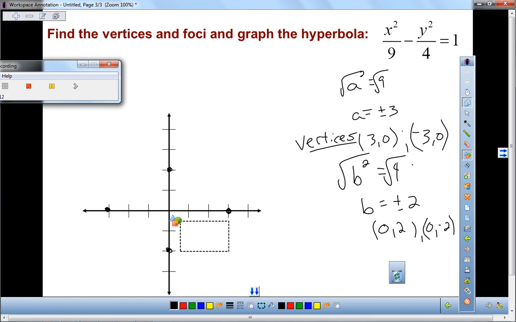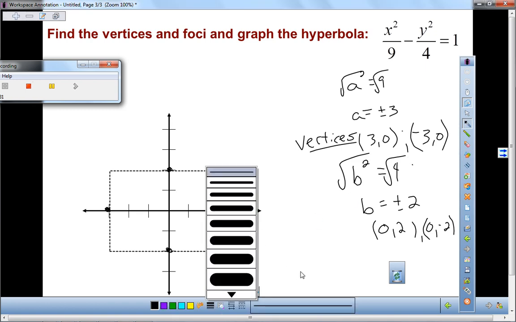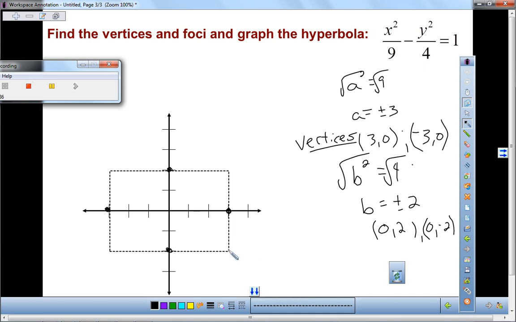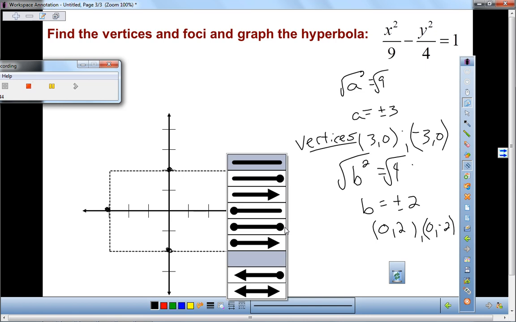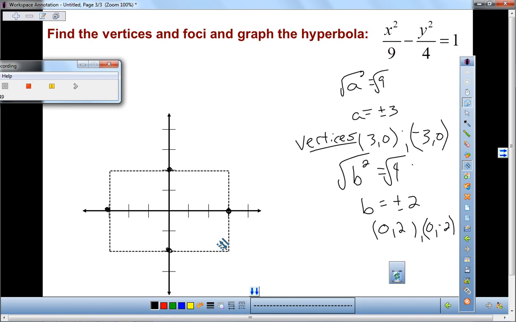Alright, so we have our rectangular box there. Now what I would do next is draw our asymptotes through this. I'm going to draw it in as a dashed line, so let's draw our little dash line.